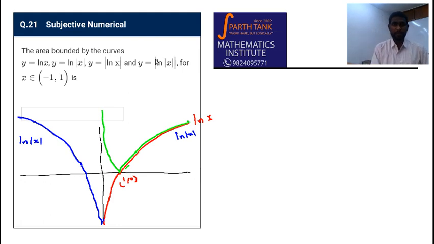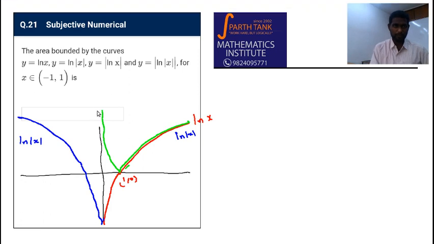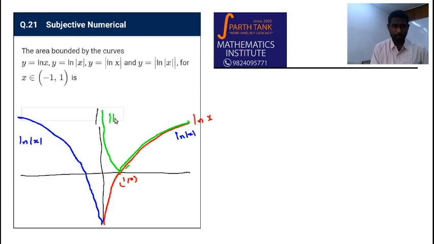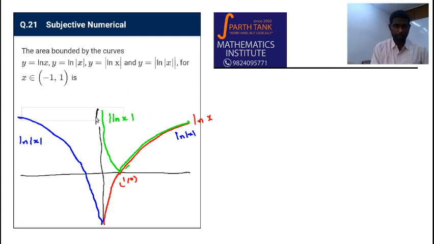Then mod of log of mod x, that is this whole function, black is a better option. So sorry, let me write what is this green thing. This is mod of log x. And this black thing would be something like this, and it covers all this part also. So the black and the green together is mod ln mod x.